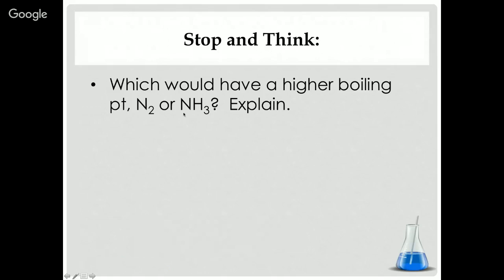Once you know that, it's going to have a higher boiling point. So in your explanation, you can say that NH3 has a stronger intermolecular force and therefore a higher boiling point. If you want to be specific, you could say it exhibits hydrogen bonding and therefore has a stronger intermolecular force, and as a result has a higher boiling point, if you want to get very elaborate in your answer.